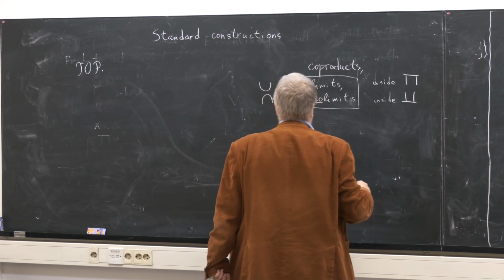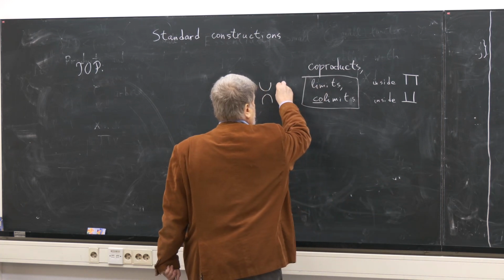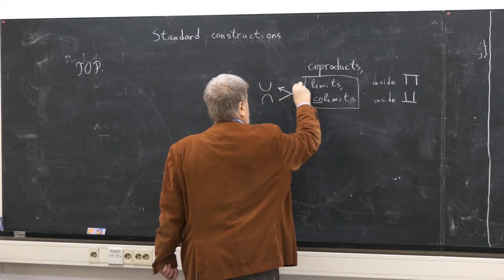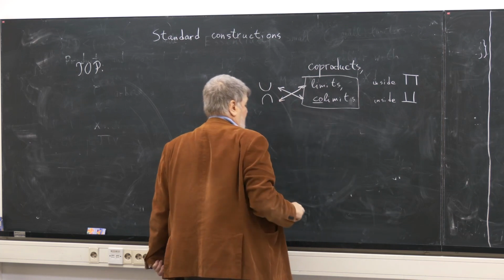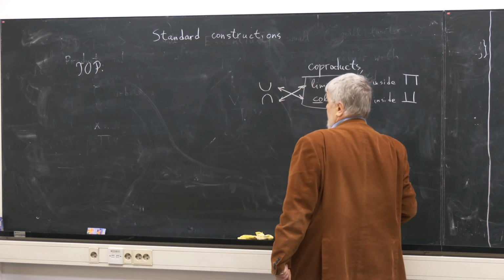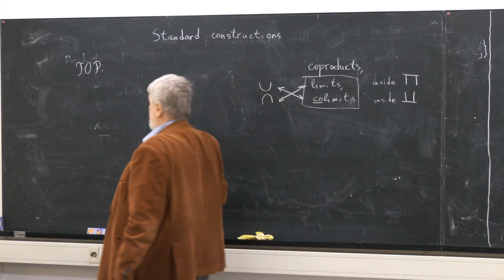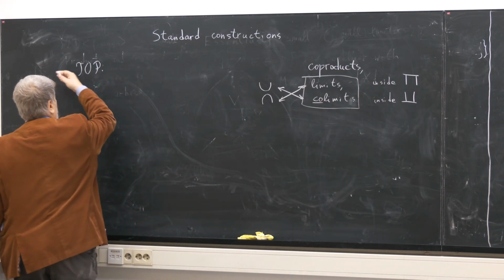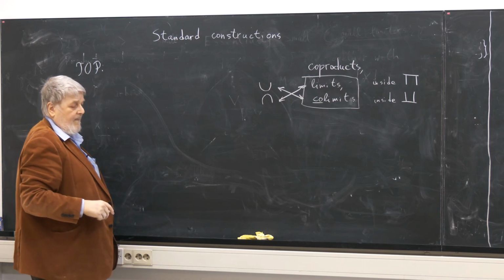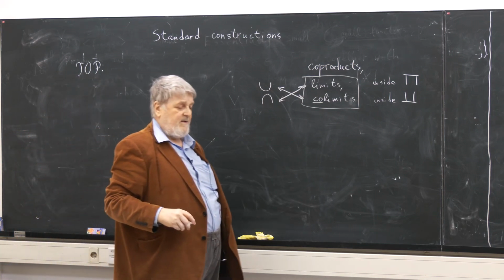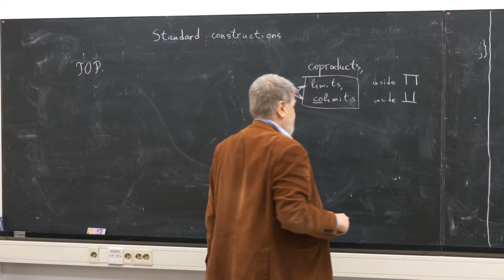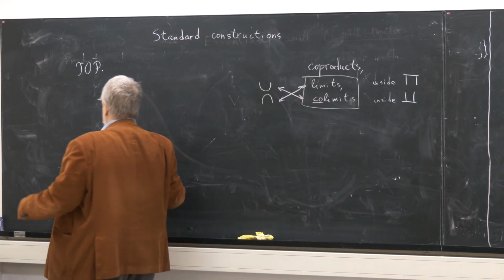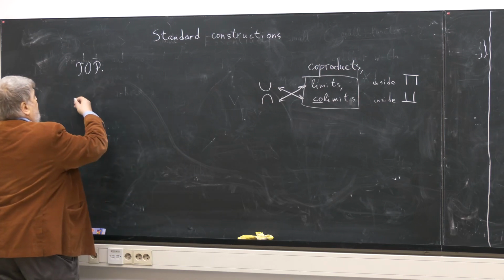Therefore, co-products are close to union, and that means that the relation is like this. So the category of topological spaces possesses the following, enjoys the following properties.